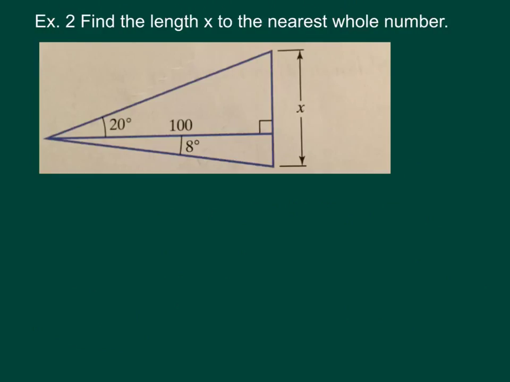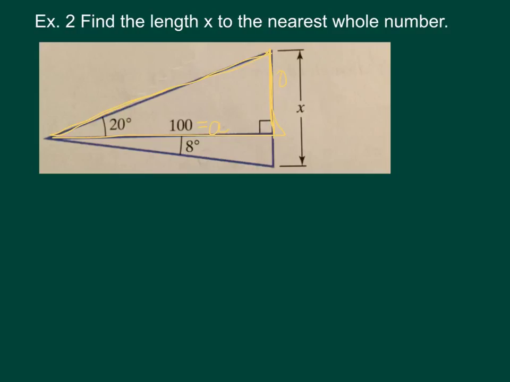Example 2 has two triangles in one, and they want us to find the length of x. So I'm going to first look at this triangle here, and notice they gave me angle 20 and an adjacent side, and I need this side here, which is opposite.